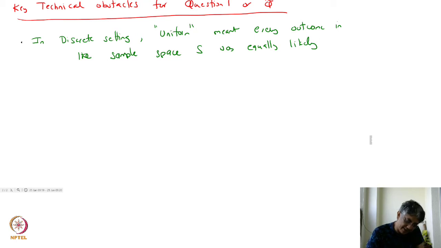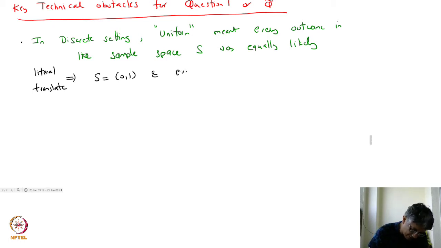So let's say we emulate the same thing here. This would imply that S is equal to [0, 1], and if you do a literal translation of what we meant by the green part, every element of S is in [0, 1], and every outcome is equally likely.